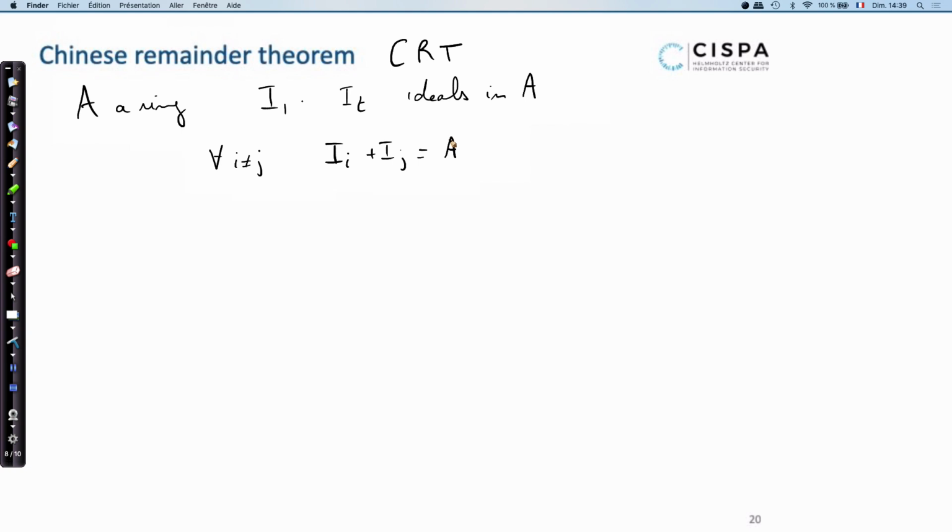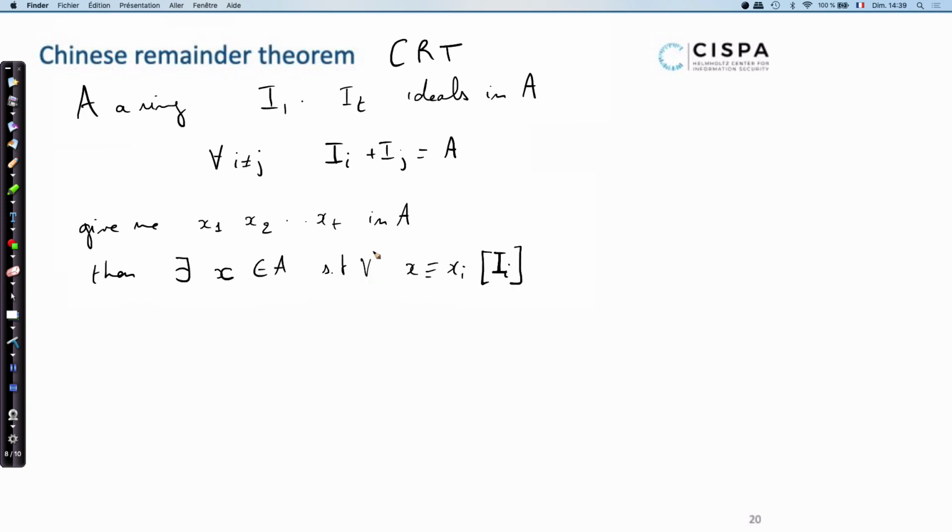Okay, so these are the hypotheses of the theorem. And now let's give me elements x1 up to xt in A. Then there exists x in A such that x is congruent to xi modulo ideal Ii for all i's.